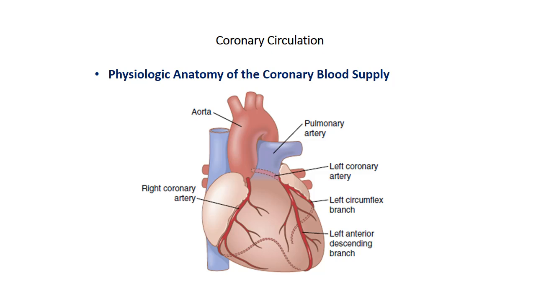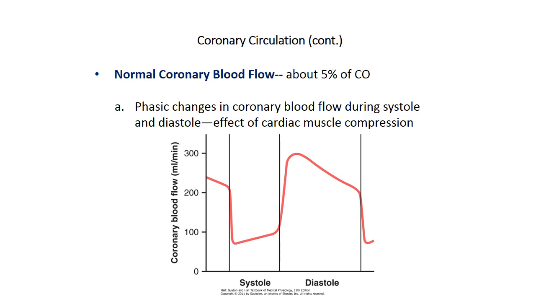During exercise, this blood flow can increase 3 or 4-fold to supply the extra nutrients needed for heart work. So we know about 5% of cardiac output goes to coronary blood flow.